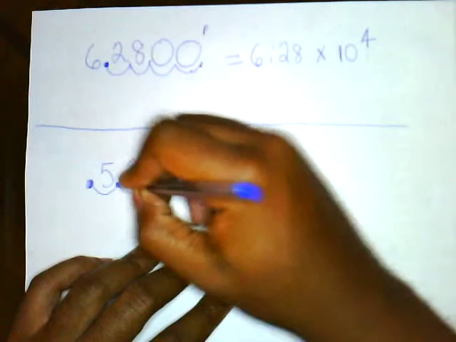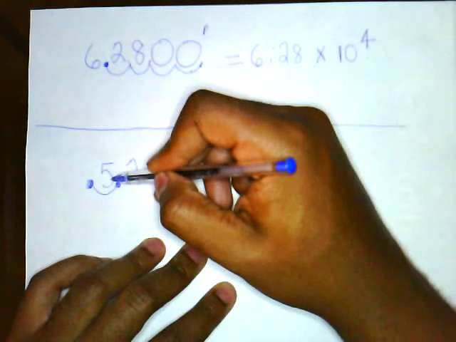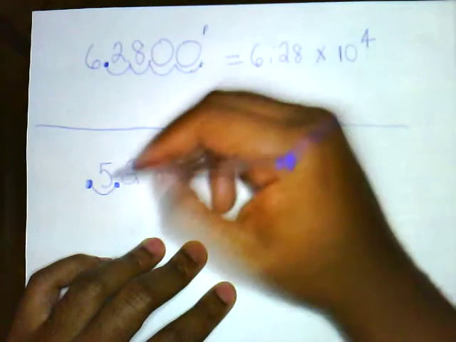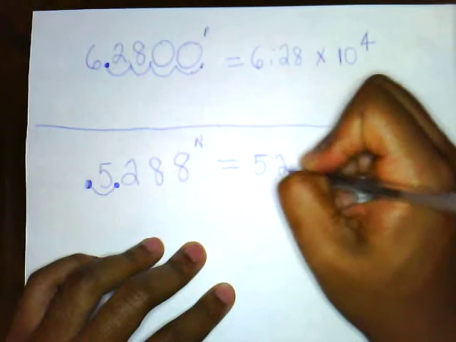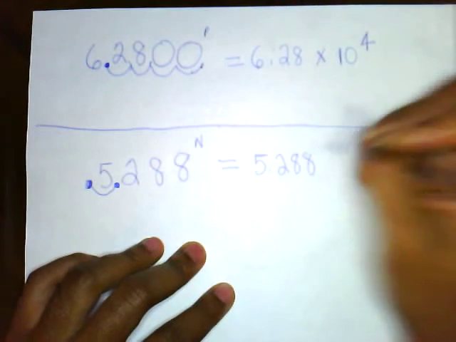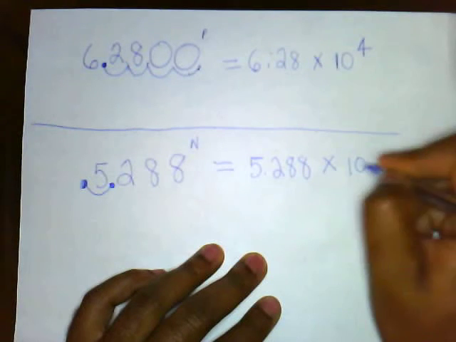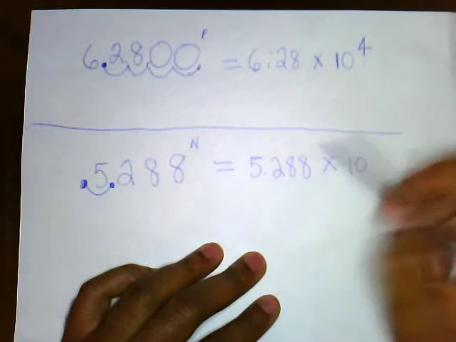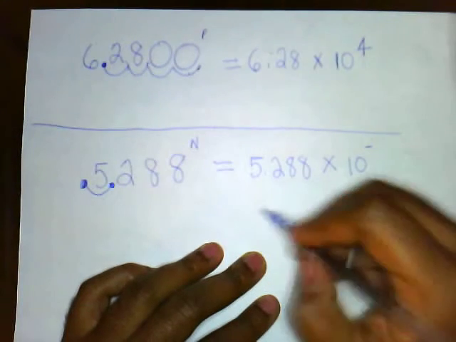Now, is there a number less than 10 in front of the decimal point? It sure is, because 5 is less than 10. So we come back over here and we have 5.288 times 10 to what power? Well, we know our exponent is going to be negative, so we go ahead and put a negative sign there.